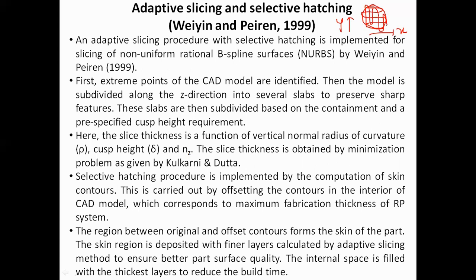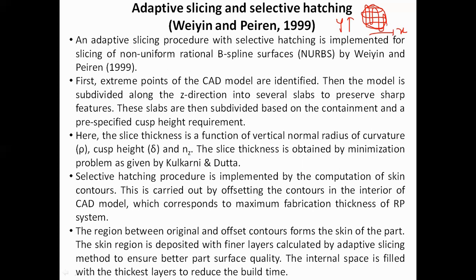So what they found was that with adaptive slicing and selective hatching, three things started happening. First of all, the shrinkage became lesser, surface quality became better, and build time also started to reduce. So all the three basic criteria were getting fulfilled.